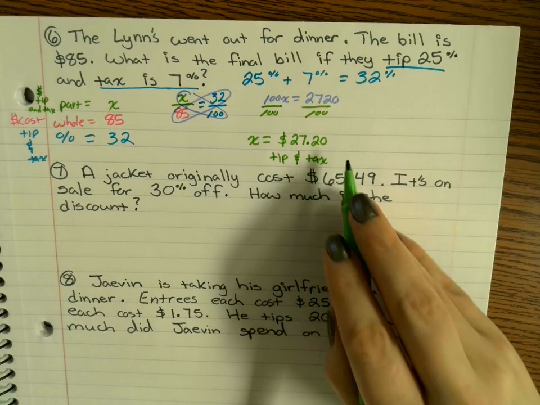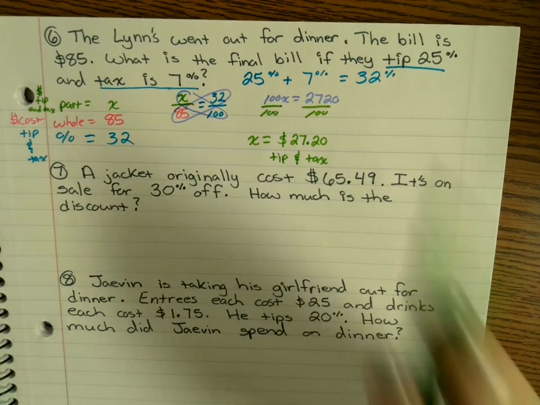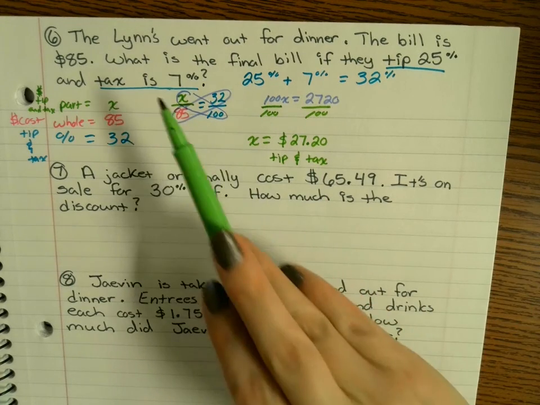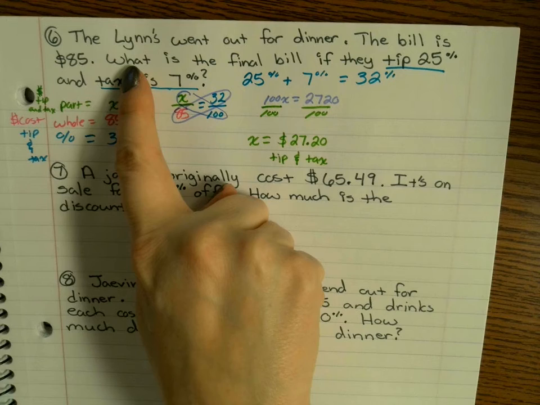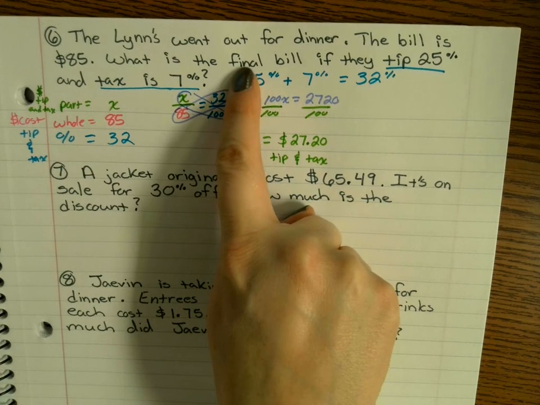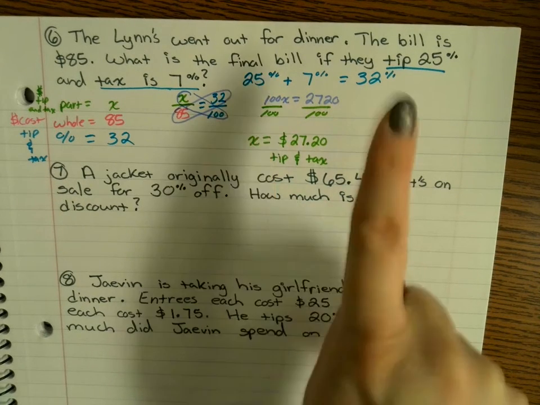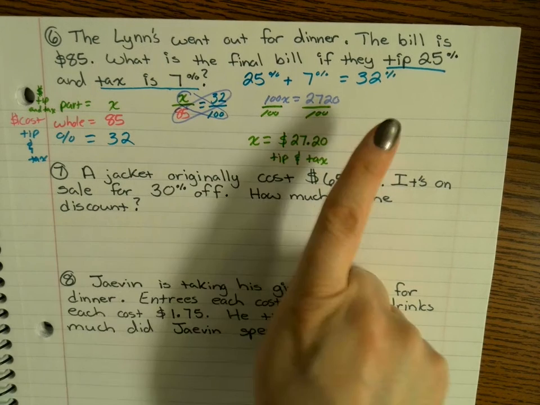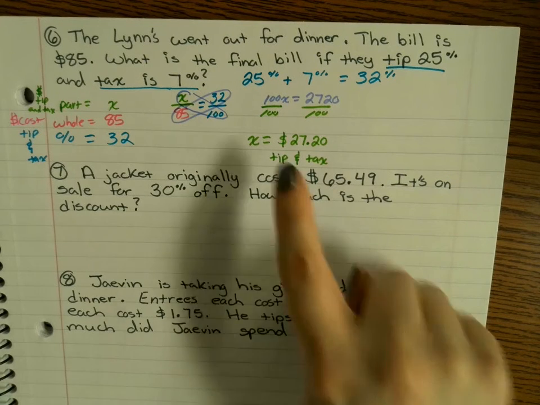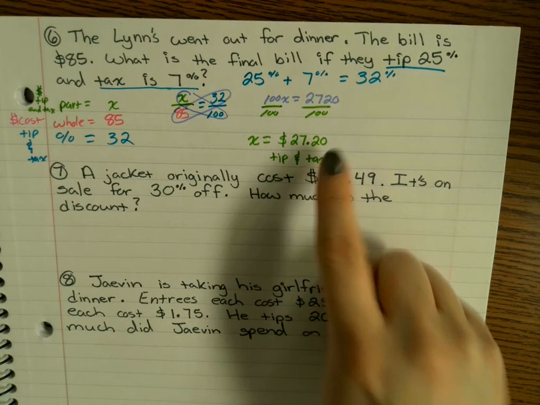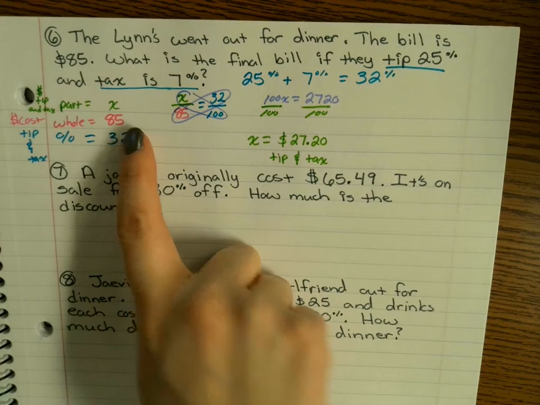What did the question ask us? Did the question ask for tip and tax? No. What does the question ask for? What is the final bill? So tip and tax is not the final bill. How do we find the final bill? You add it. We're going to add the tip and tax together with the whole.